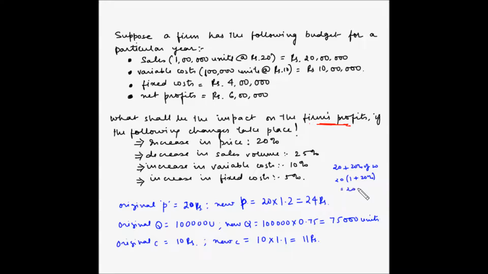So this becomes 20 multiplied by 1 plus 0.2, or 20 multiplied by 1.2. Similarly 1.1, because it will be 10 plus 10% of 10. So that becomes 10 plus 0.1 times 10, which becomes 10 multiplied by 1.1.